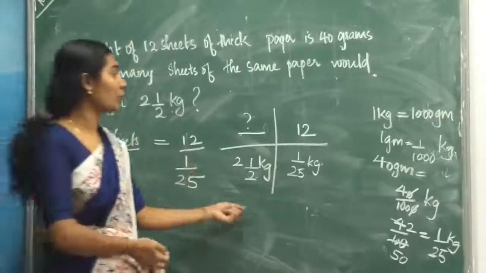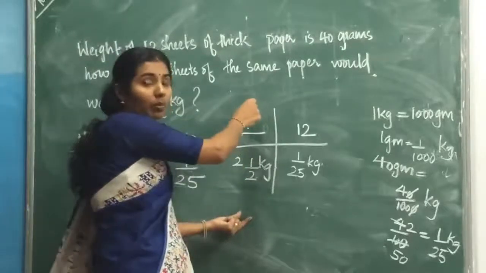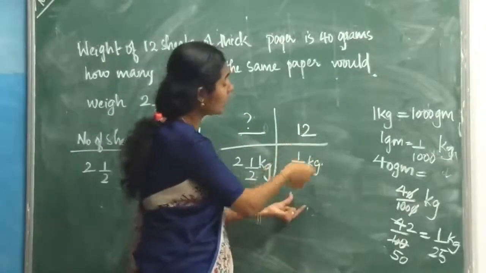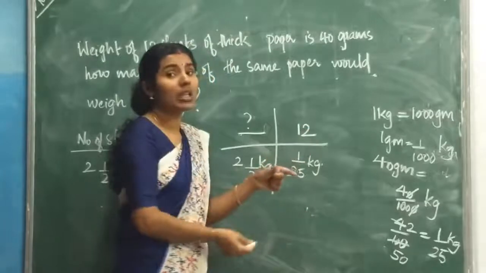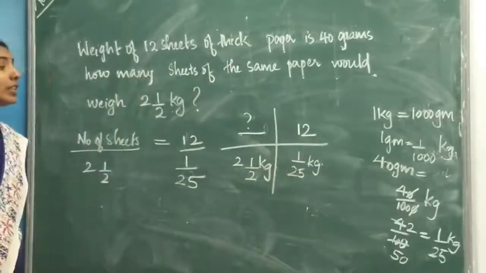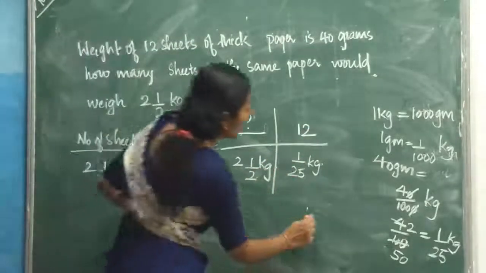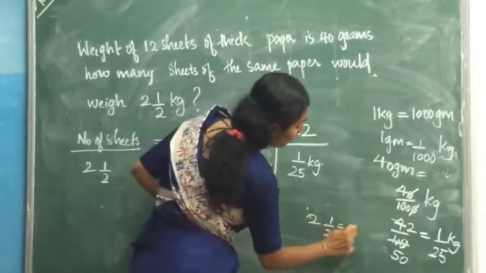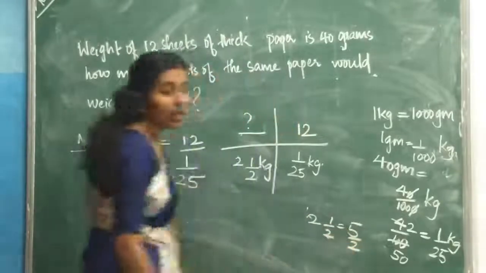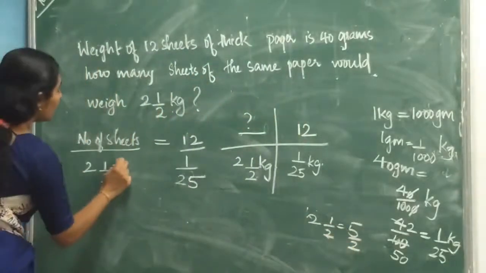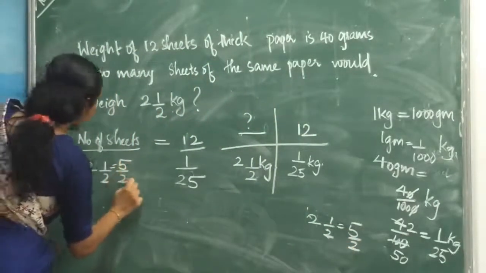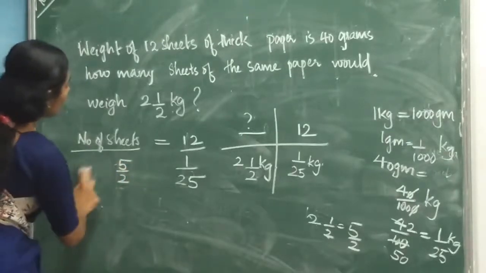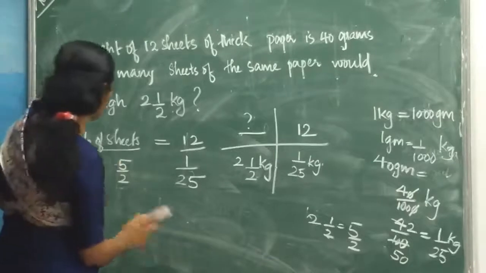Take the ratio of the quantities, and both are same. Now 2.5 is a mixed fraction. Write it as improper: 2 twos are 4, 4 plus 1, 5. 5 by 2 kilogram. So instead of writing 2.5 you can give 5 by 2.